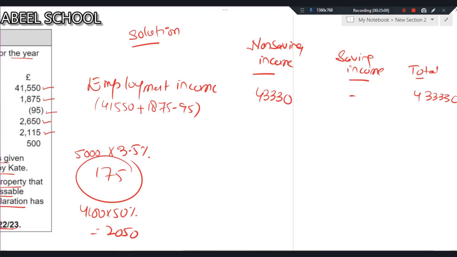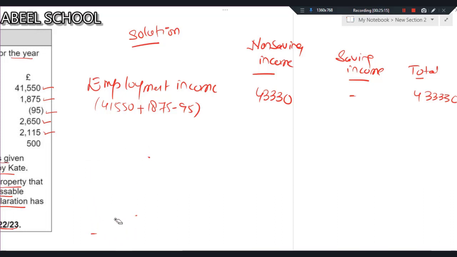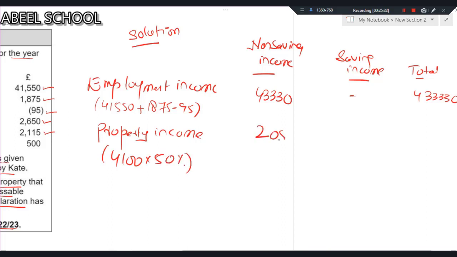Okay, now let's go for the saving income. We have property income also. Property income is a non-saving income. Property income is 4,100, but we have to take 50% of this because of the jointly owned asset, so 2,050.